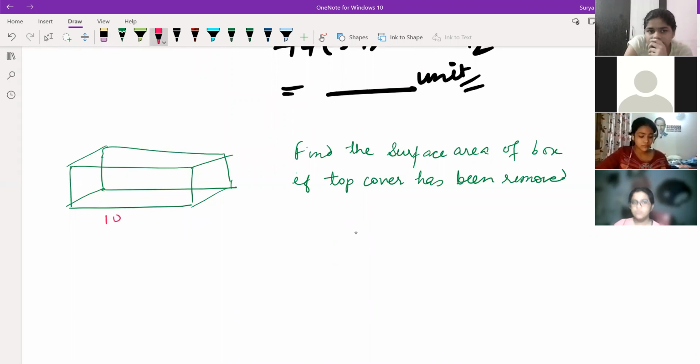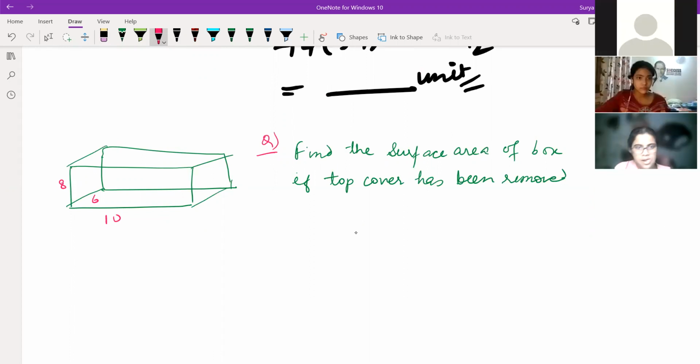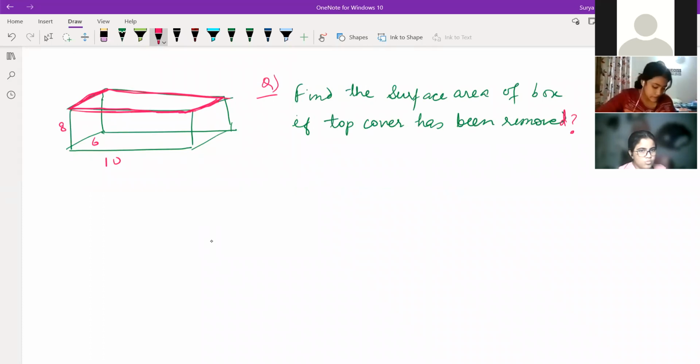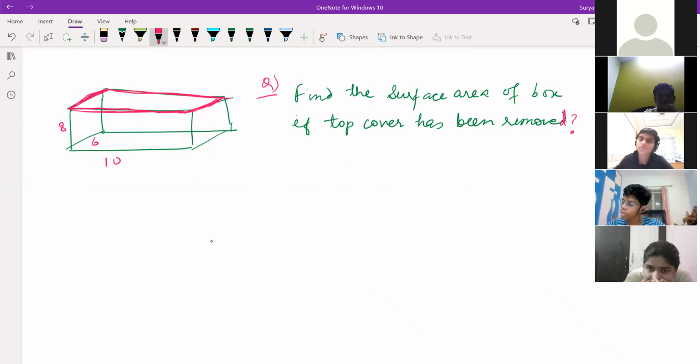Length is 10, width is 6 and height is 8 centimeter. So find the surface area of the box if top cover has been removed. This top part, which I'm just coloring pink right now, has been removed. Then what is the surface area of this cuboid? Just find and tell me the answer.